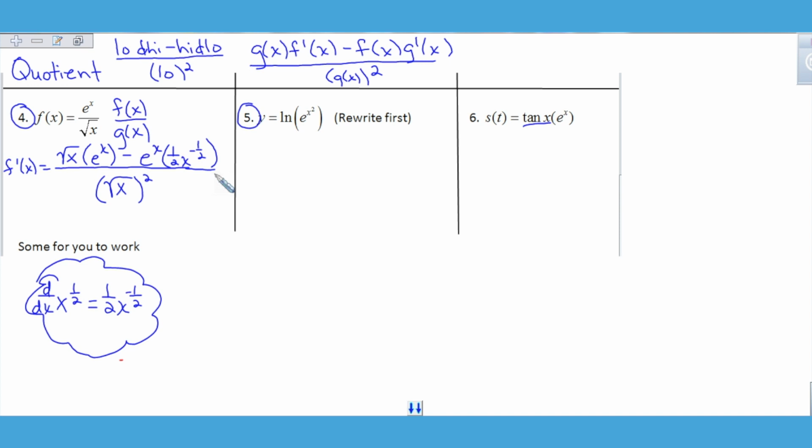All right, so look at number 5. That's so crazy looking. Why did I say rewrite this first? Because, guys, you've got to always know those log and exponential relationships. And we know that the natural log is the inverse function of e to the x.